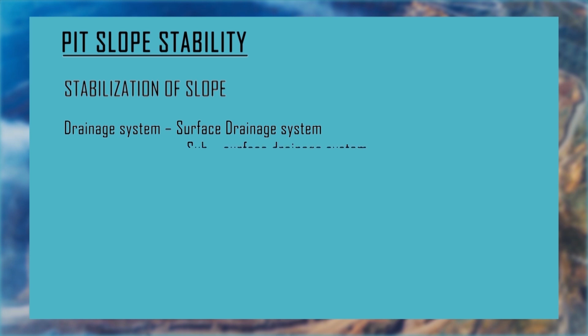Stabilization of slope. These slopes are stabilized by the following methods: drainage system, surface drainage system, subsurface drainage system. It means the accumulation of any water in open cast mines, either on a bench or the bottommost surface, should be drained using a suitable type of pumping system.